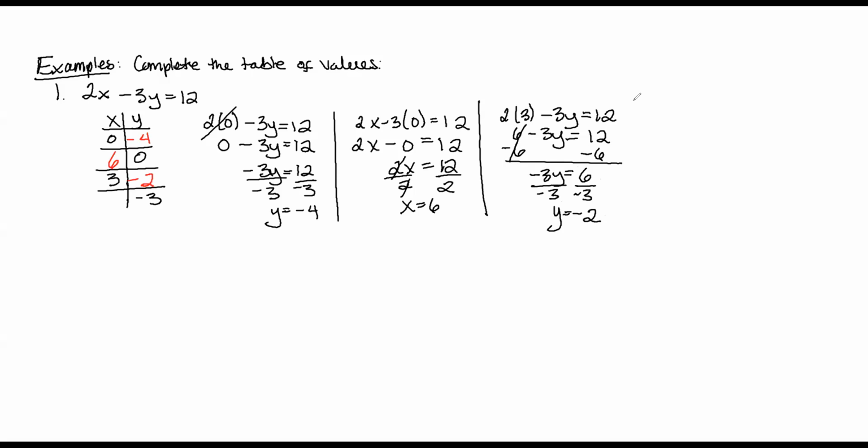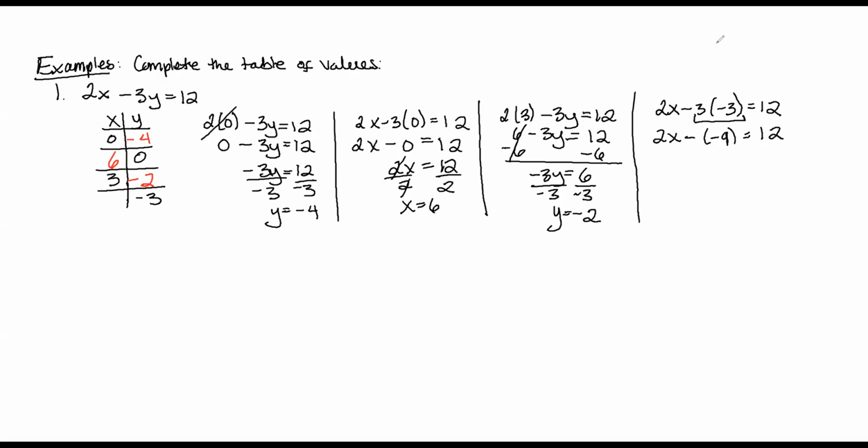And our final number, -3 for y. So 2x minus 3 times -3 equals 12. So simplify, we have 2x minus 3 times -3 is -9. The other way you could have done this was -3 times -3 is +9, and it would be a +9.